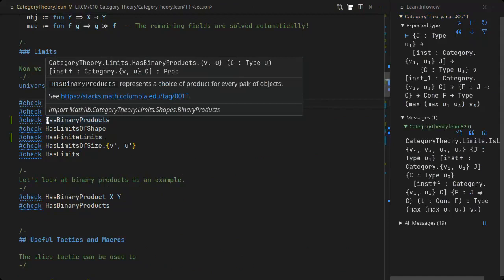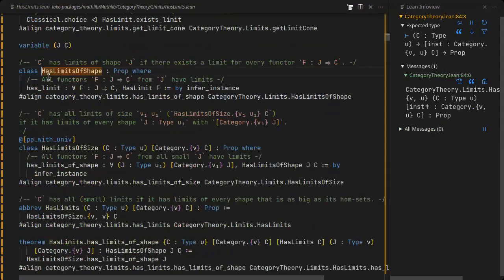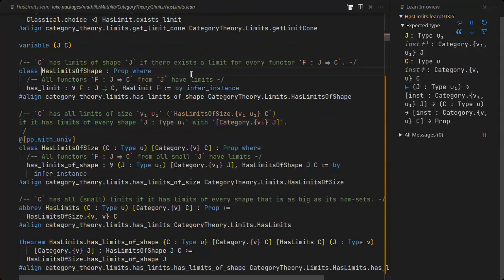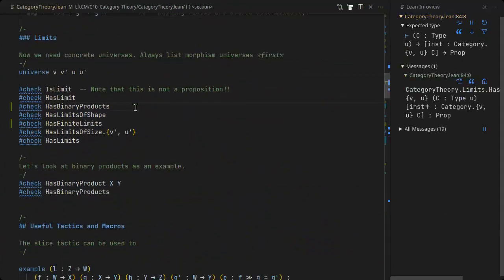For example, you have has binary products, which is the property for a category to have all binary products, which is basically a concretization of has limits of shape, which is a more general notion, which states that all functors with a certain domain are equipped with limits.